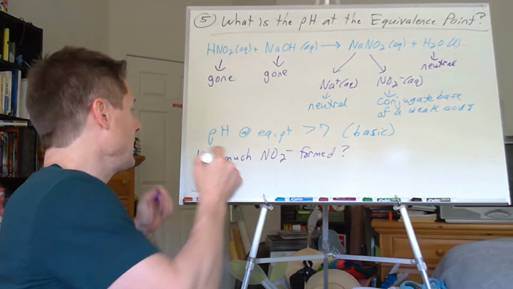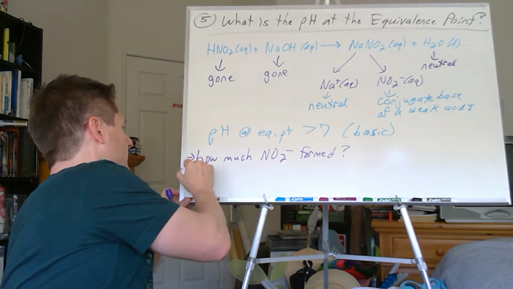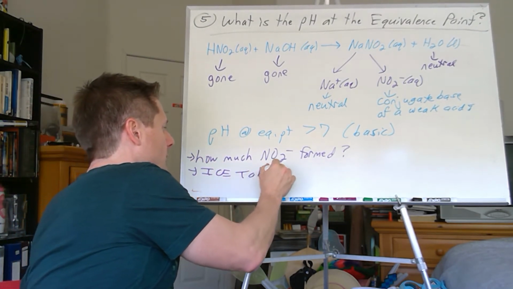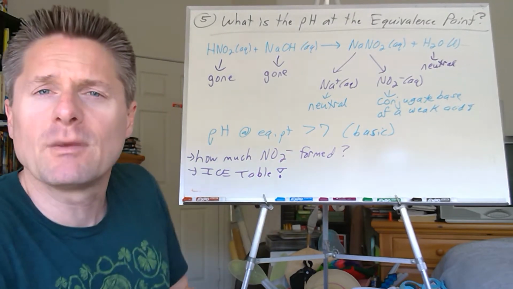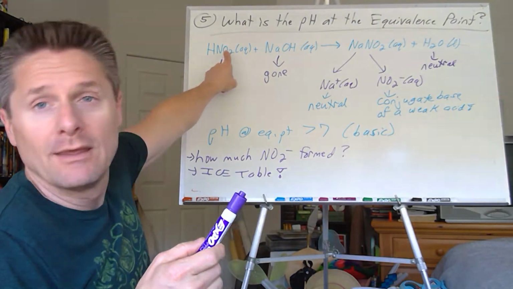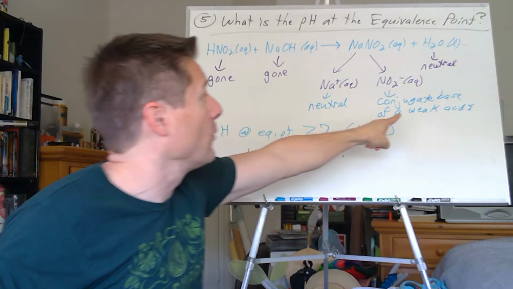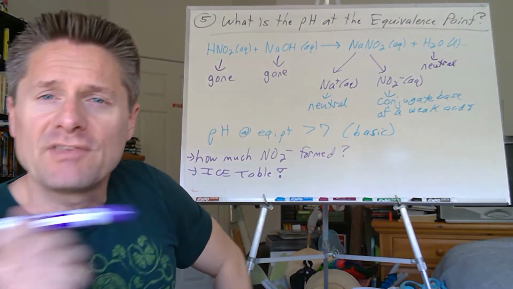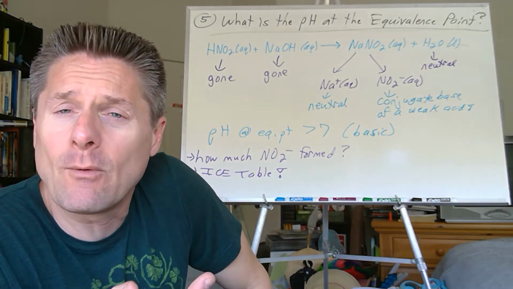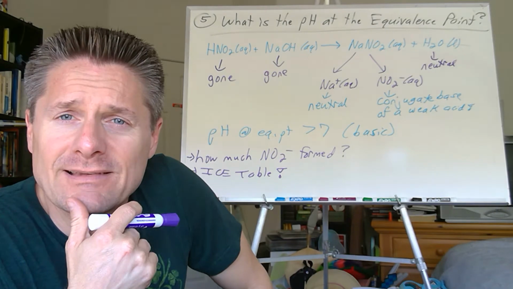Then we have to set up the ICE table. So very similar to the initial pH, but the initial pH was the weak acid only. The equivalence point is the weak base, NO2 minus. So we'll set up the ICE table, show that it's forming OH minus, solve for x. x is OH minus. You're off to the races to get pH from there.